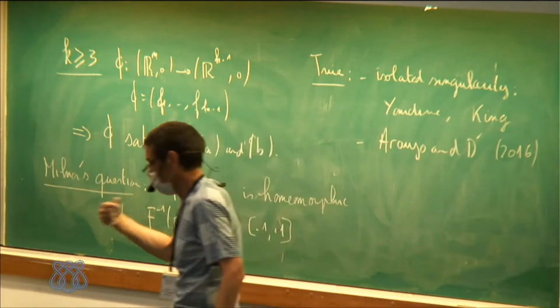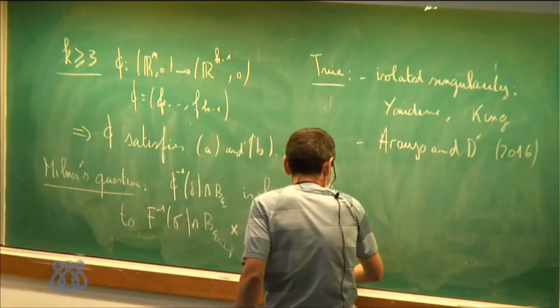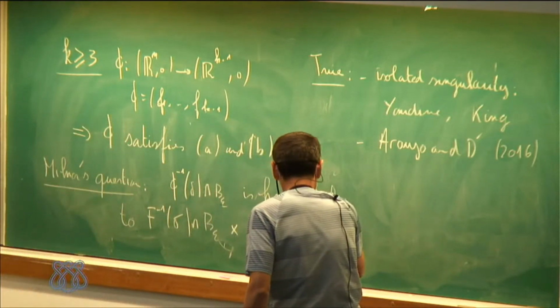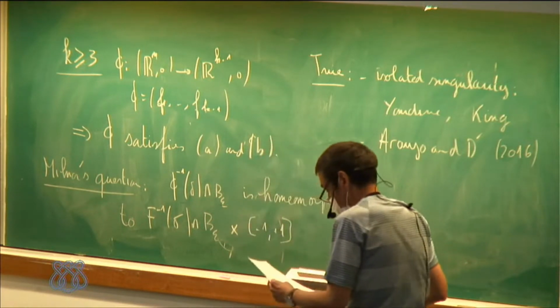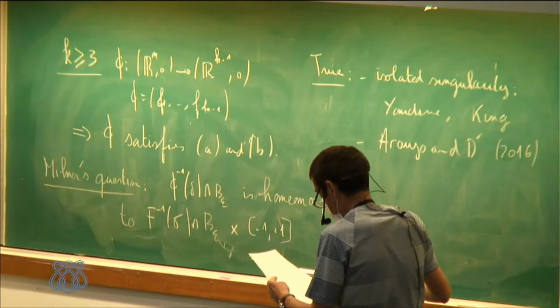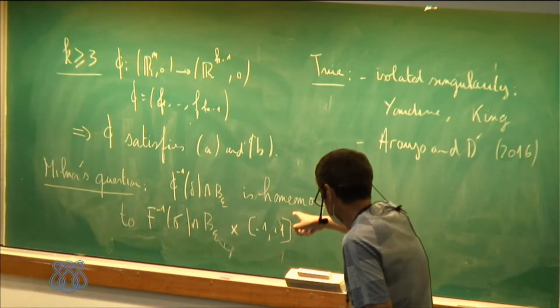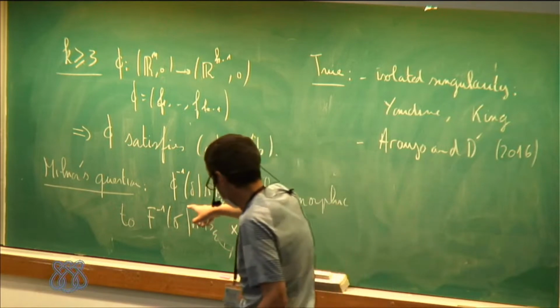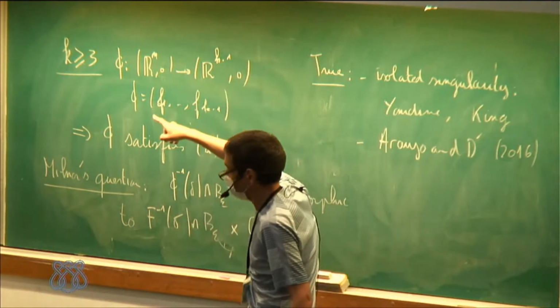I have to study this case. Okay, the strategy to prove the Milnor conjecture also works when k is 2.